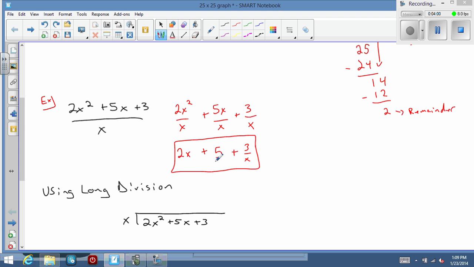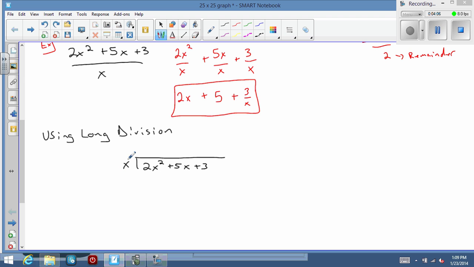And for that, we can simplify just like we did there. But I'm going to show you how we can divide that using long division so that we have an easier start to the understanding of long division than just jumping right in with a binomial or a trinomial.